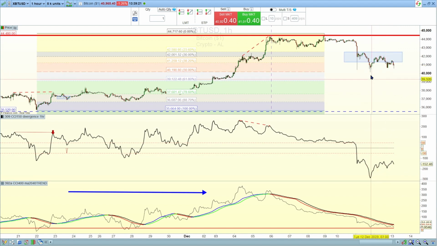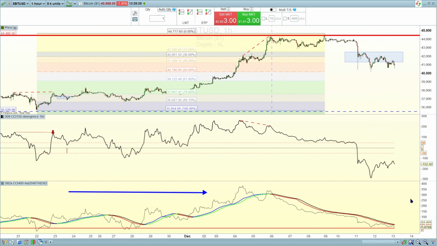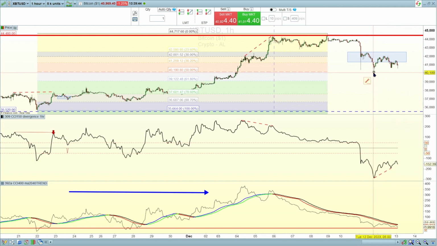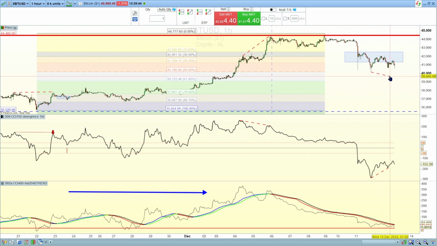What we want to see is those lows drop below that area there. So if I was to draw a divergence, it would look something like that on the CCI, and we'd like to see the price drop somewhere down there if that was going to be a divergence, but it's not, because the CCI is effectively tracing along with the price action, so that's not a divergence.